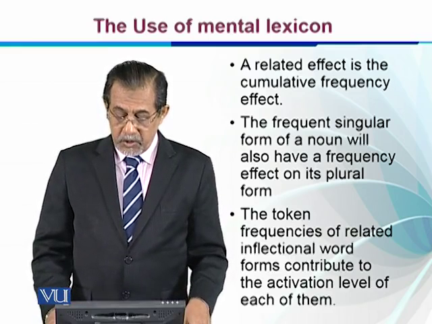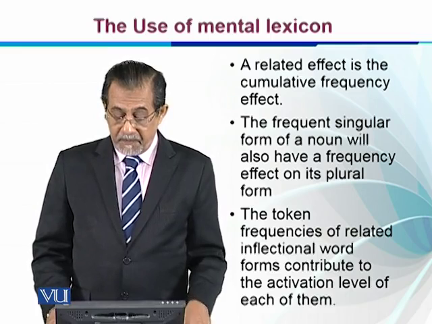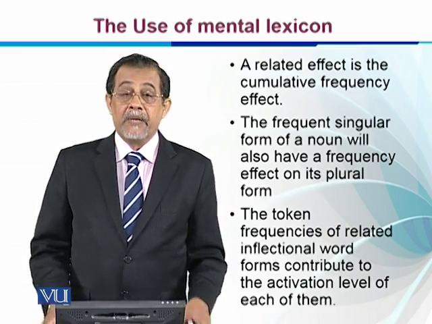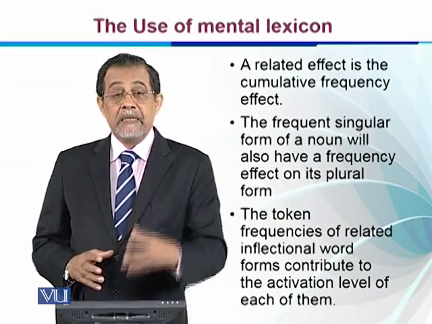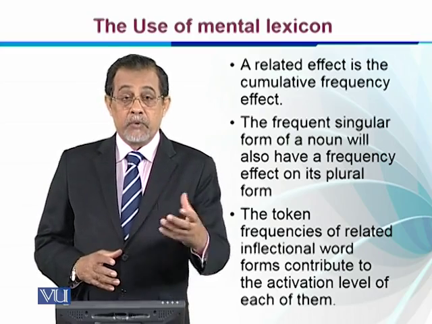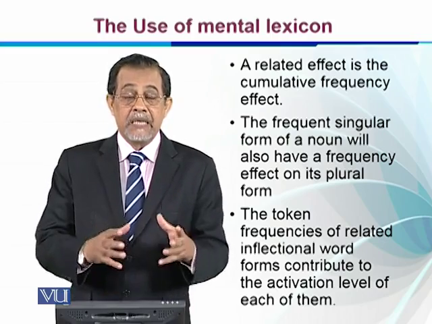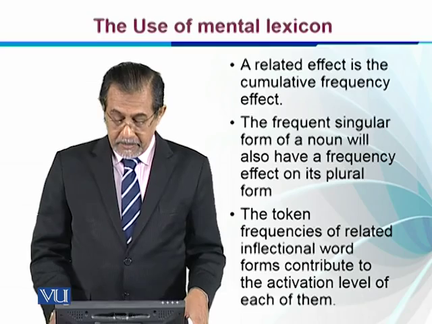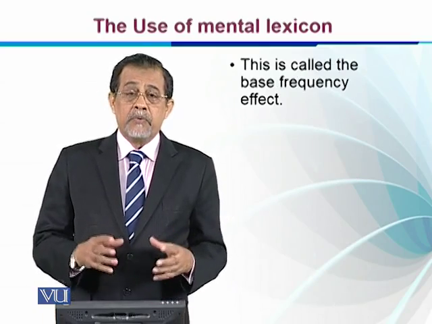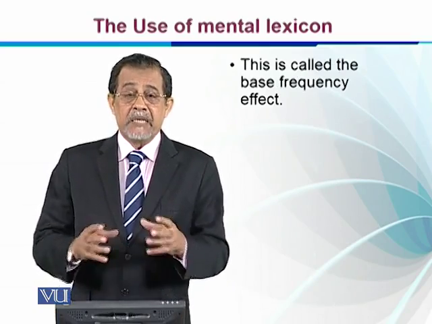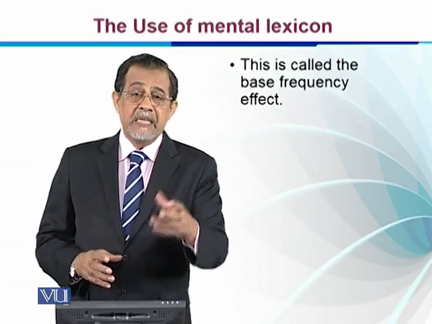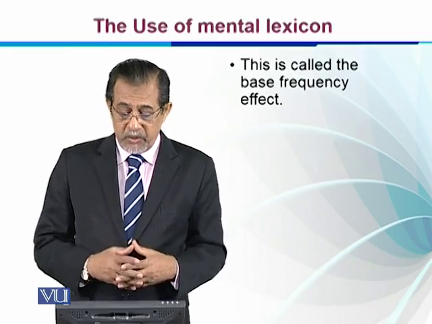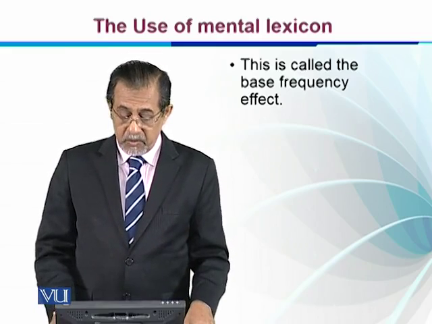The token frequency of related inflectional word forms contributes to the activation level of each of them. So we readily recognize both book and books because the activation level is very quick. When we can readily recognize a word which has the same base, this is also known as the base frequency effect.